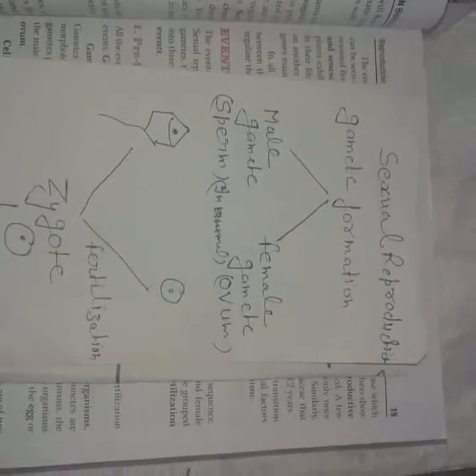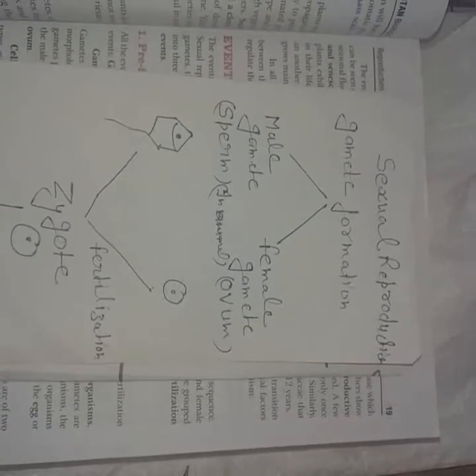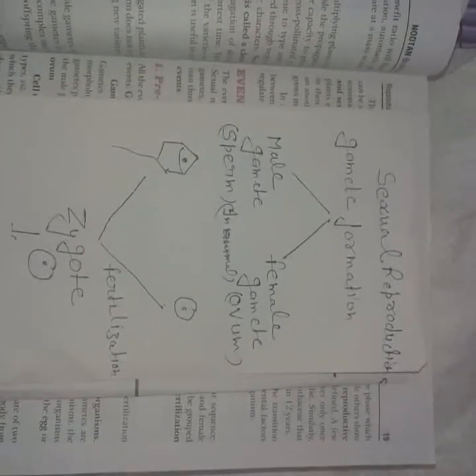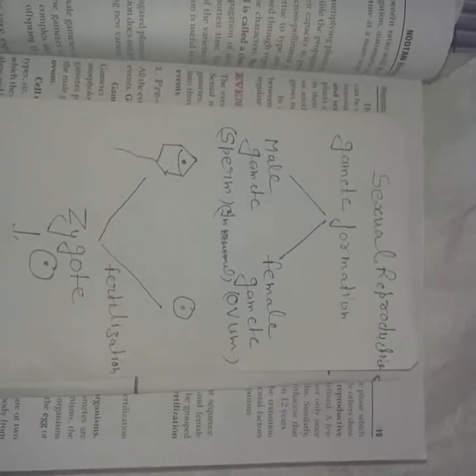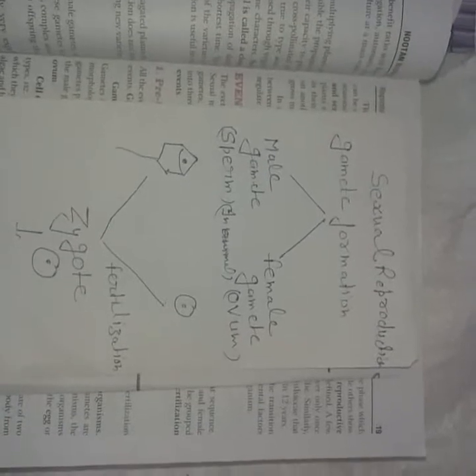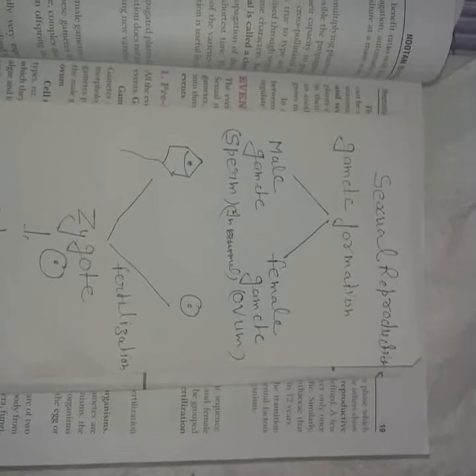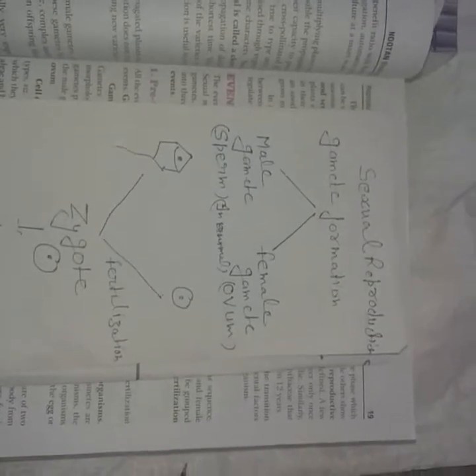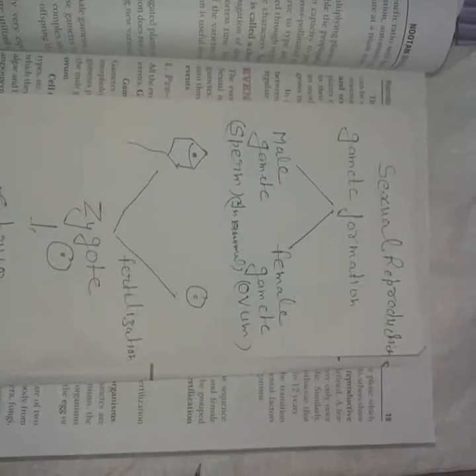In this chart of sexual reproduction, the first step is gamete formation in opposite sexes. Gamete formation means male gametes and female gametes. Gametes are the reproductive units of the organism. In human beings, male gametes are called sperm and female gametes are called ovum.